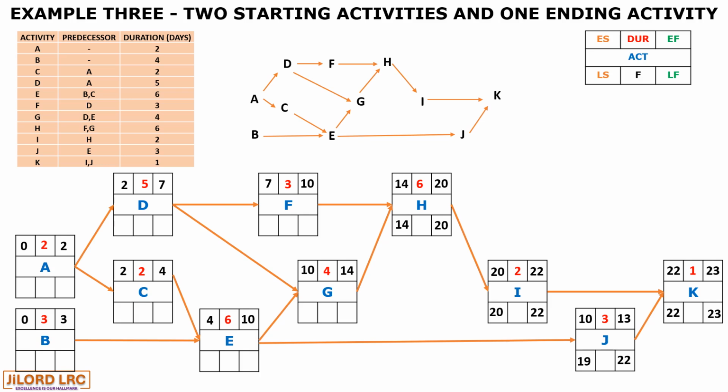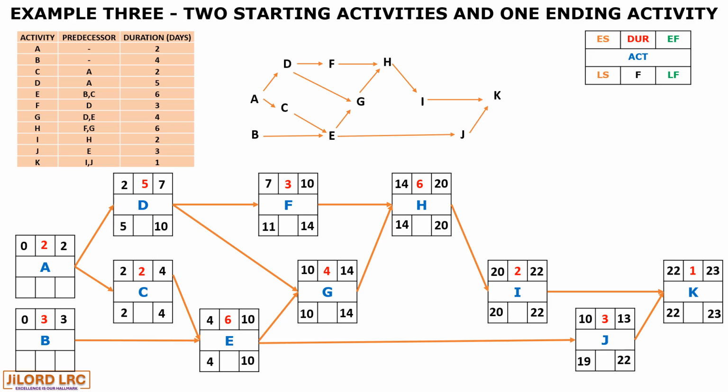The backward pass will then commence with 23 and 22. So 22 will go to both I and J, and 20 will go to H. 20 minus 6 will be 14. 14 will go to both F and G. And then between what goes to D, between G and F, 10 will go to D as well, and 10 will go to E as well.